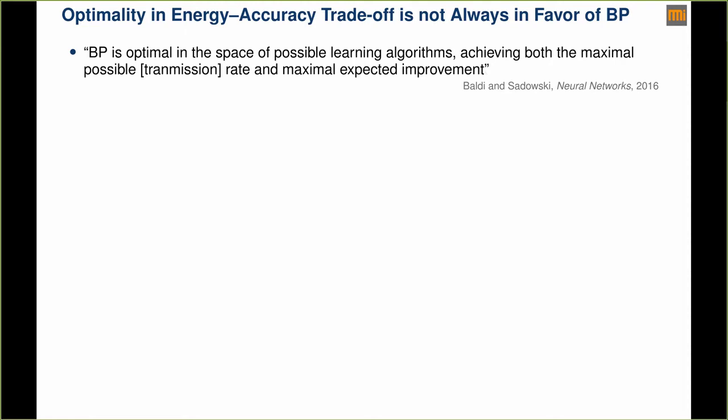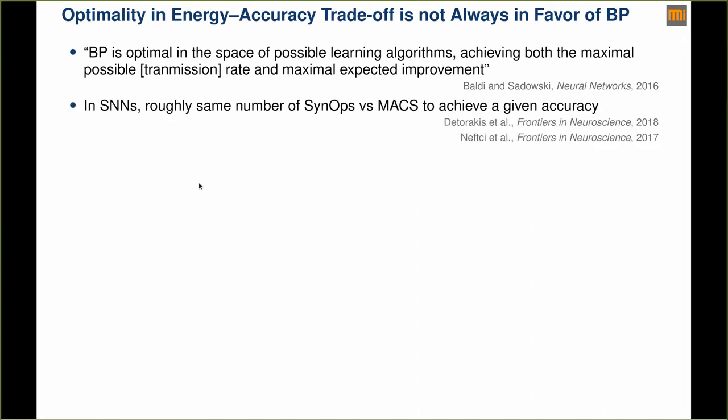However, if you take energy into account, I would argue, and this is not only a blank argument, we've seen this every time we've measured energy versus expected improvement or accuracy, that there is a benefit in using algorithms that are not exact, that are approximations of backpropagation.